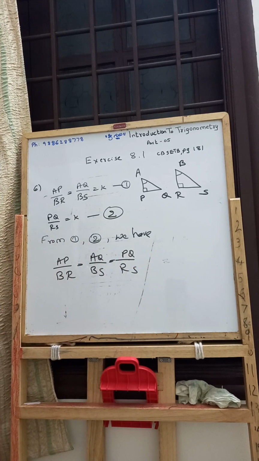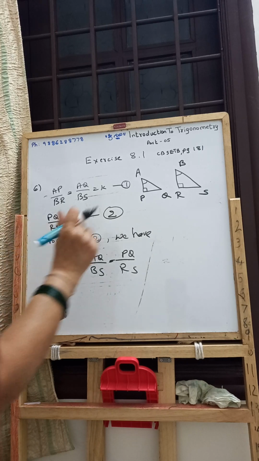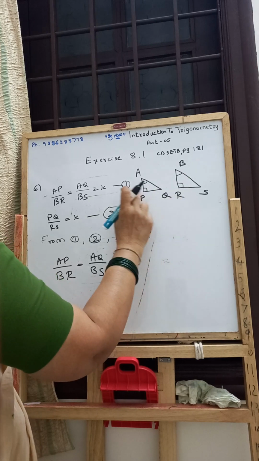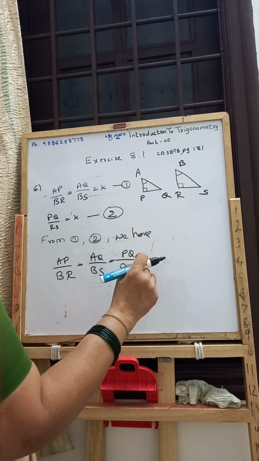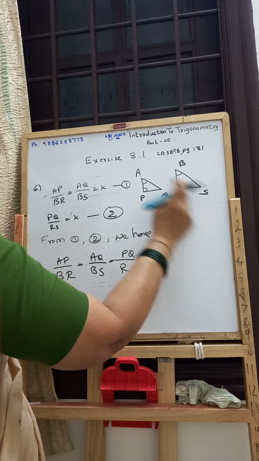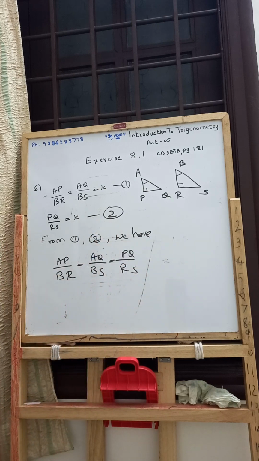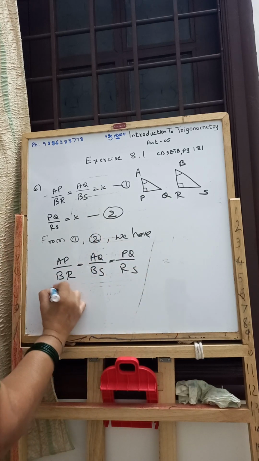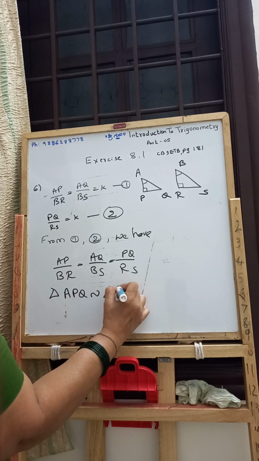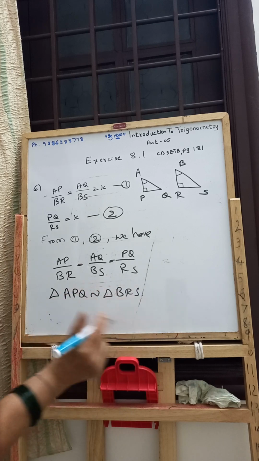Then by using theorem 6.4, when the sides of the two triangles are in the same ratio, that is AP upon BR, PQ upon RS, AQ upon BS, then by that theorem you can conclude that triangle APQ is similar to triangle BRS. Therefore, corresponding angles are equal.